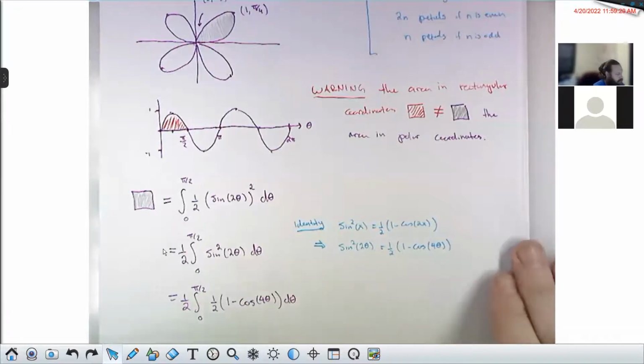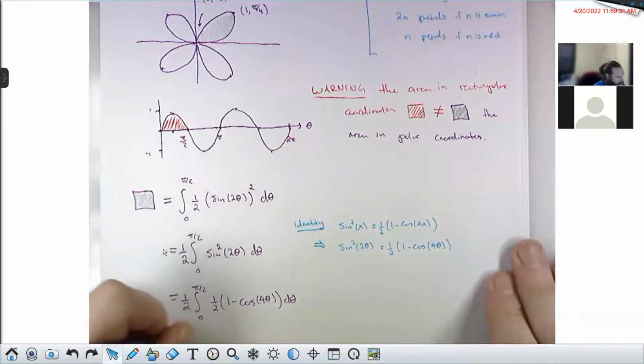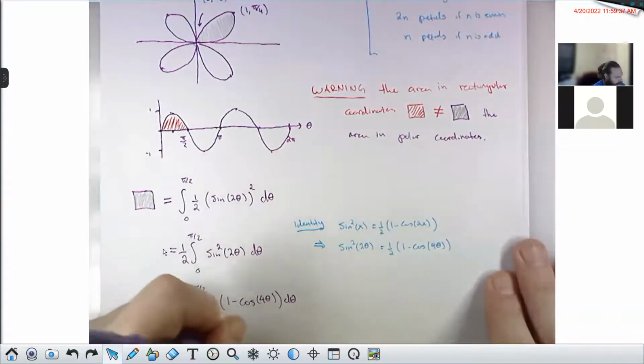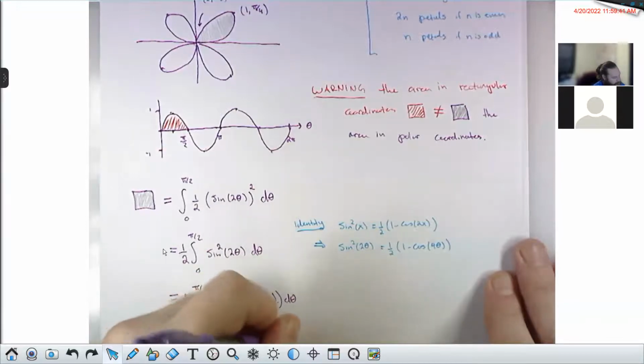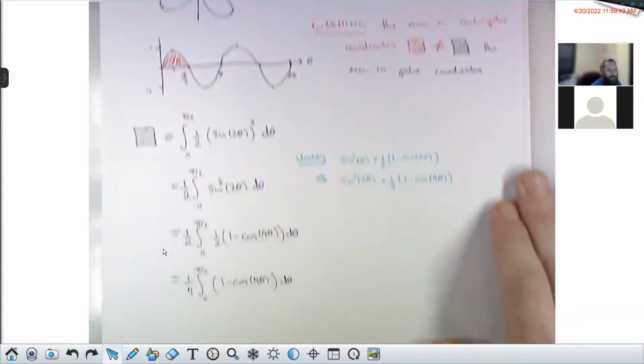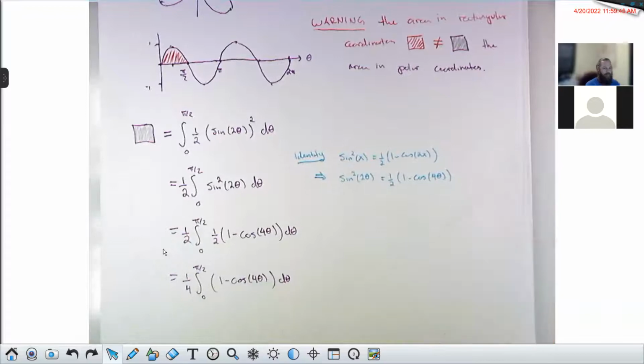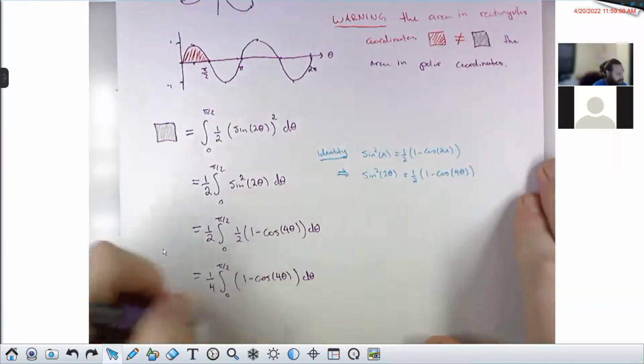Pop out the 1/2. You get a 1/4 out front. Integral 0 to pi over 2, 1 minus cosine of 4 theta d theta. And then your antiderivative is not hard to find.